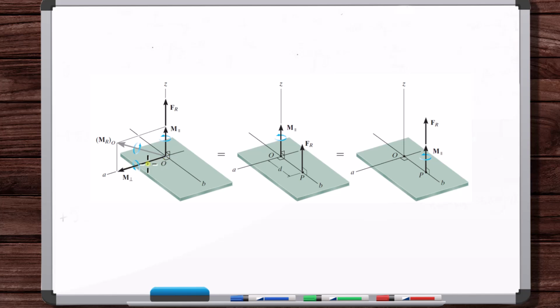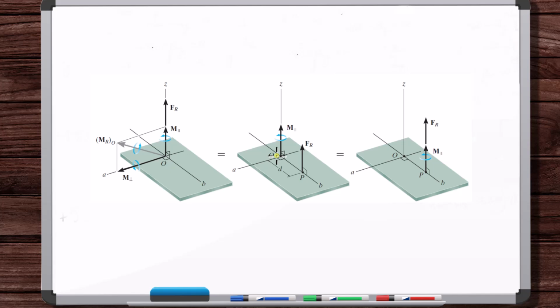From there, you can move the force perpendicular to the perpendicular axes, just like we did with the coplanar and parallel force systems. You move the force a distance d, where the force times the distance d is equal to the moment, and remove that perpendicular couple moment. But for the general case, we still have this parallel couple moment.